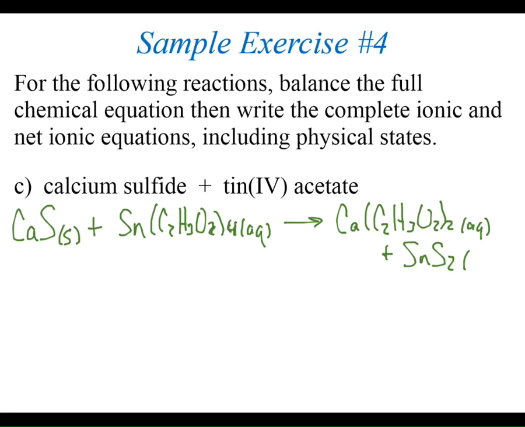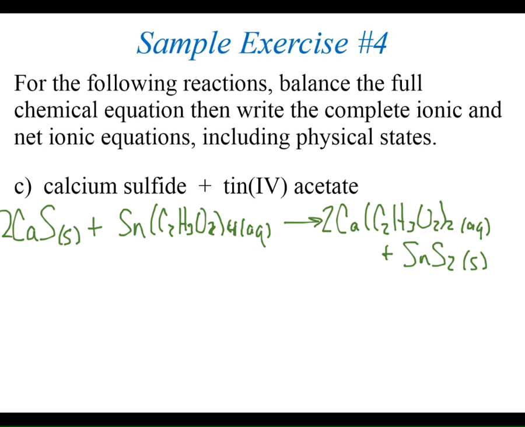Solid. Okay, balance it. 2 calcium. And 2 calcium acetates. All right. 2 calciums, 2 calciums, 2 sulfurs, 2 sulfurs, 1 tin, 1 tin, 4 acetates, 2 times 2, 4 acetates.